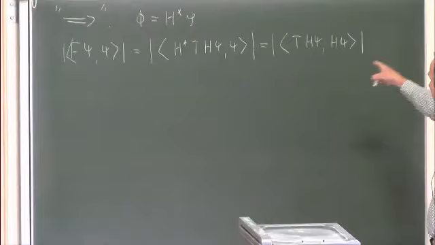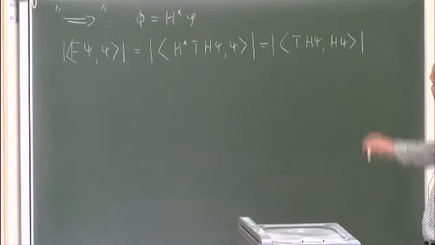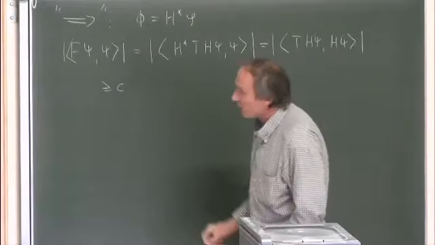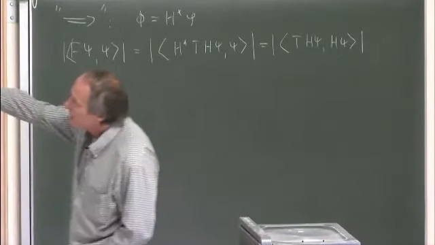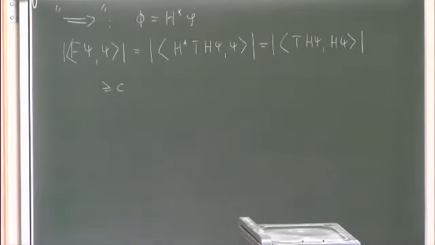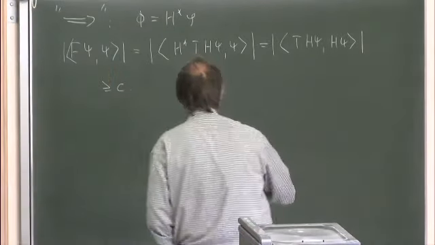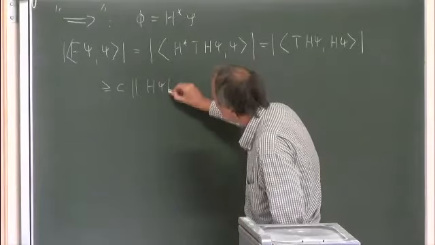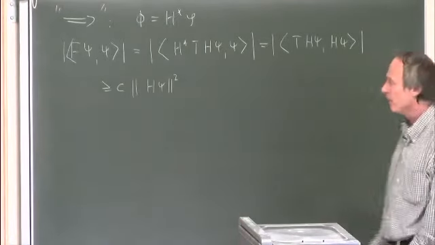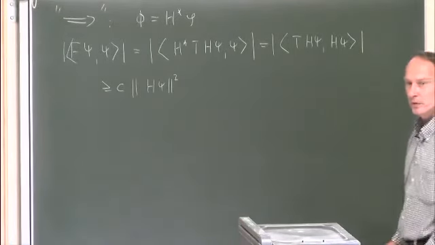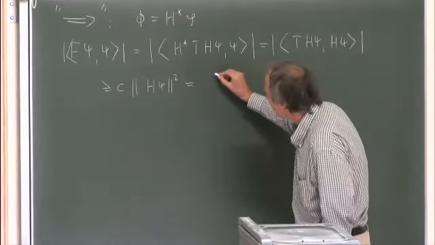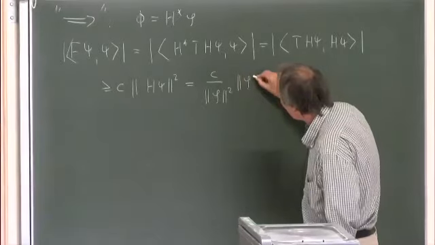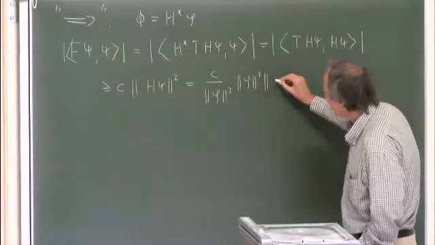Okay, now you use the coercivity of T. This is the argument. So you have this constant c here in the coercivity, and this c is not the same, they are of course different. So then you have c times the norm of H psi squared, just by the coercivity. And now you use a little trick. You write it this way, divided by this phi squared and multiply that again.